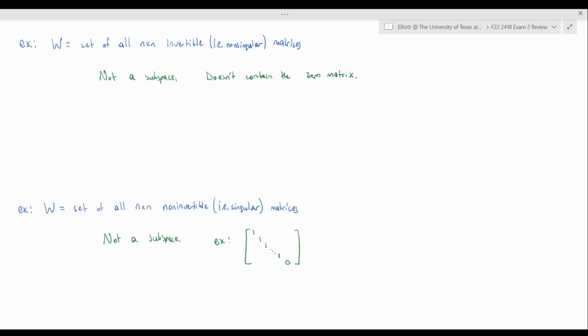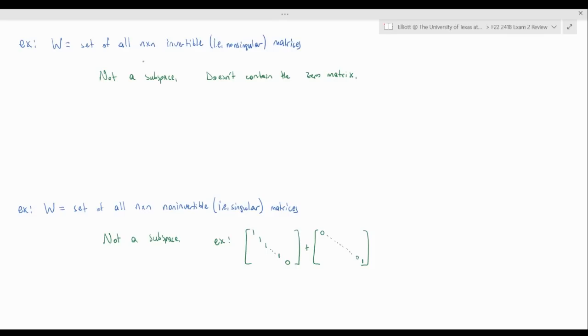So this matrix would have a row of zeros at the bottom, and so that would make it not invertible. And then you could take another diagonal matrix, this time 0 across, except the last entry is a 1.